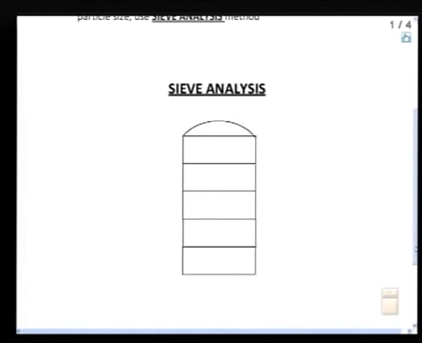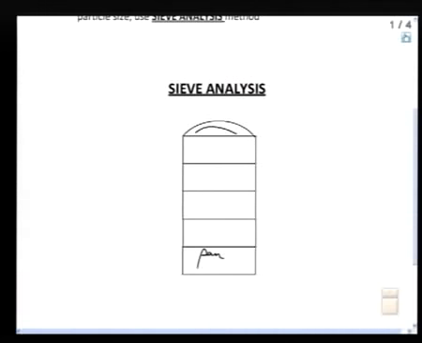It's a collection of sieves with different openings, and at the end we have a pan. You did this test when you took material engineering, right? So we have a collection of sieves with a pan at the end and a cover.